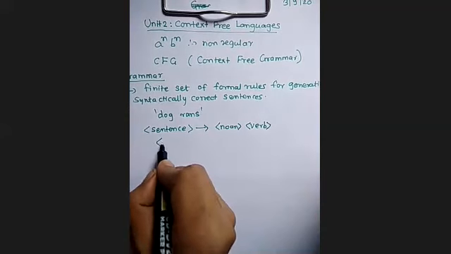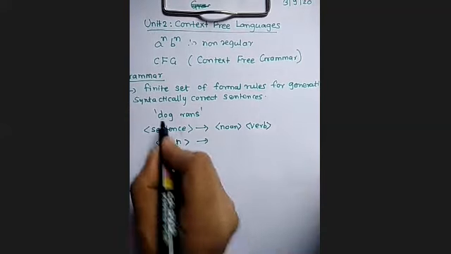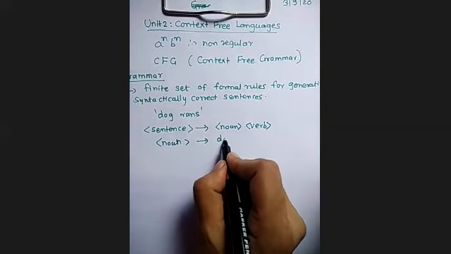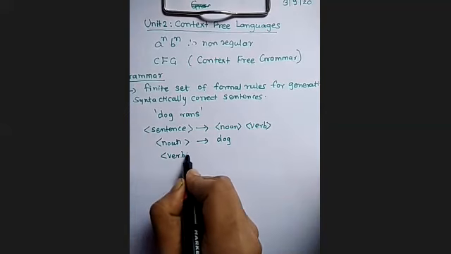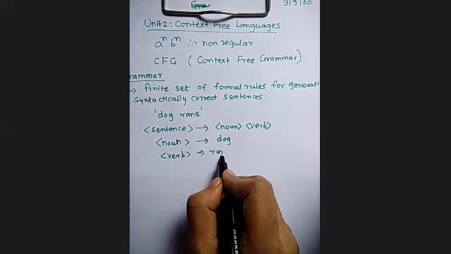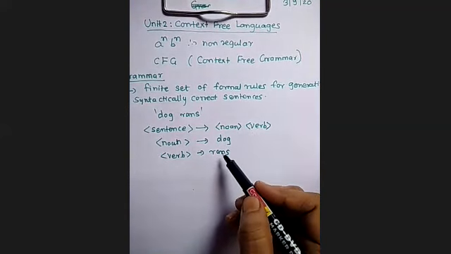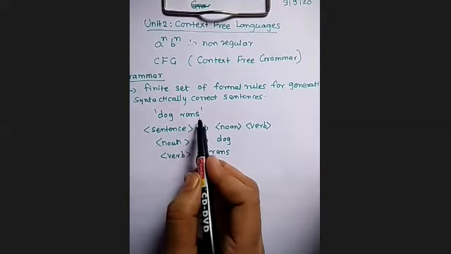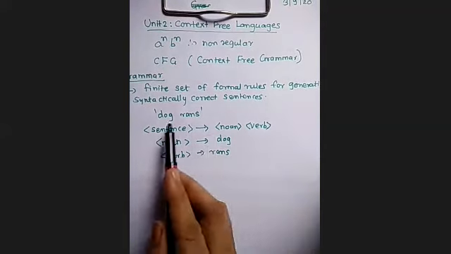There can be different types of nouns, but here I'm considering only the noun dog, and let the verb be runs. So these 3 rules are written in the English language for generating the sentence dog runs. These rules will generate only one sentence.